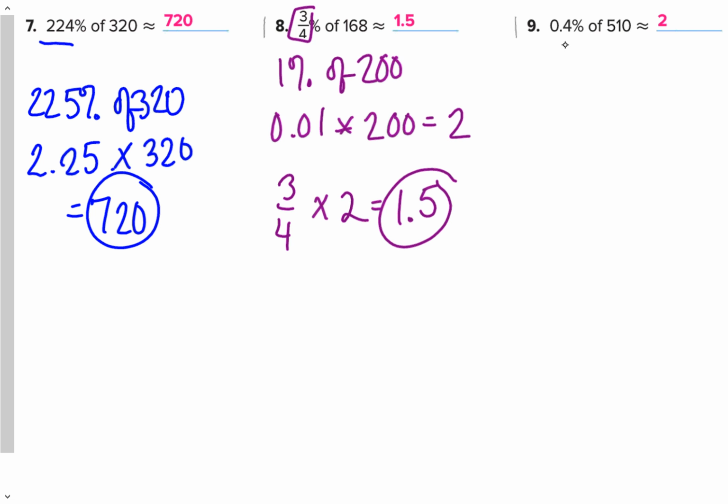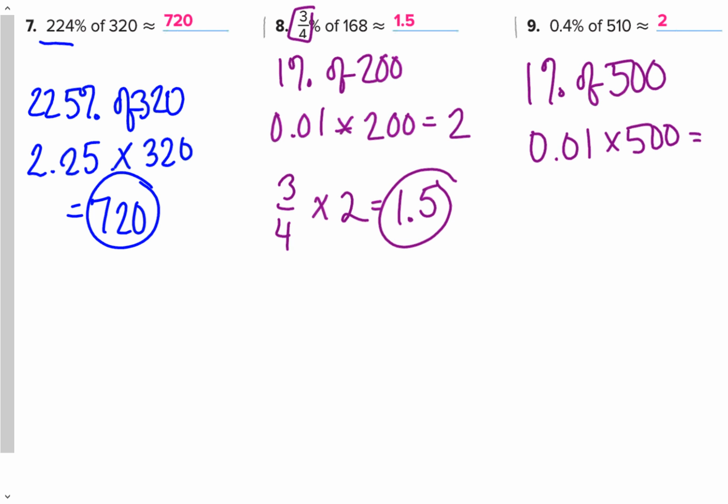Here's the next one, 0.4% of 510. So again, we're going to multiply 1% of 500. I rounded it to hundreds. I didn't leave it as 510, I left it as 500. So when you multiply 0.01 times 500, we got 5.